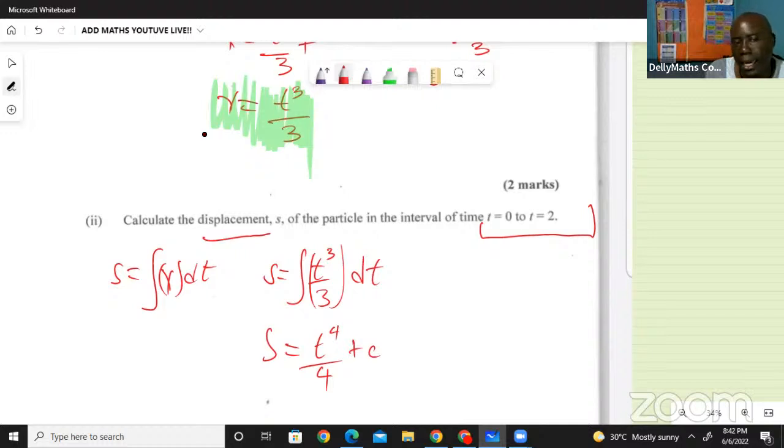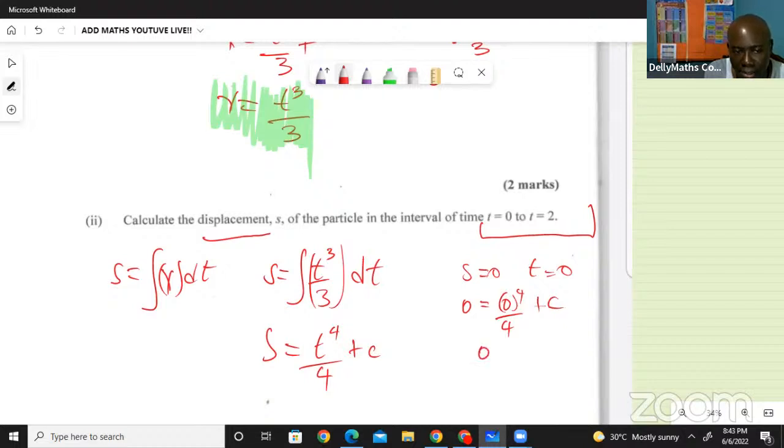Now, again, I need to know that constant before I do anything. So I'm going to drop in some values because the particle starts from rest. That means s is 0 and time is 0. I'm not even taking it for granted. I'm doing it every time. Even though I know it is 0, I'm still doing it. So 0 is equal to 0 to the 4th over 4 plus c.